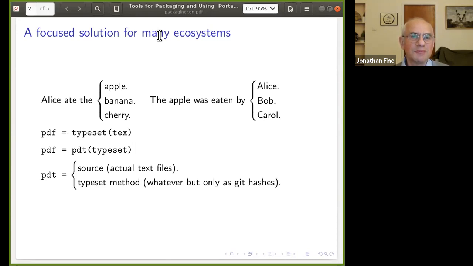And a portable TeX document has two branches, if you like. The one is the source, the actual files the author wrote. And the other is the typeset method, which is whatever it is, but it's given only as git hashes. So a git hash is a fingerprint for a piece of computer memory.